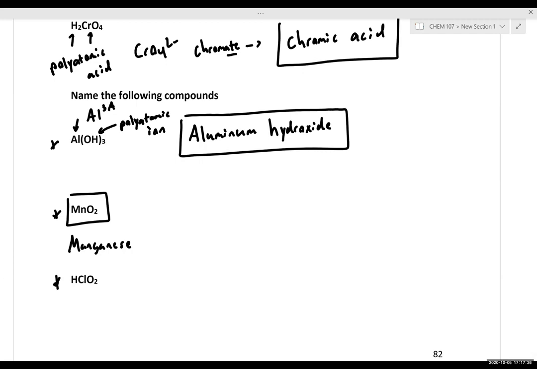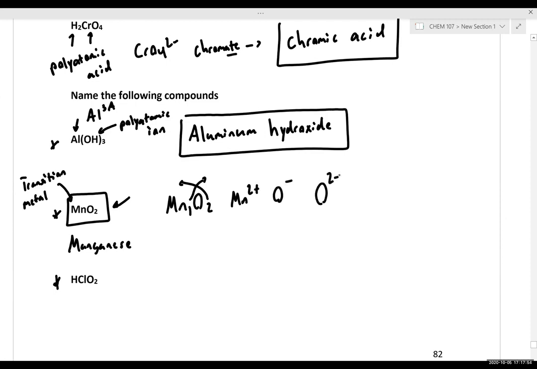Okay, continuing on, looking at MnO2. So first and foremost, manganese, Mn, is a transition metal. And as such, we need to specify the charge. So if we take a look at MnO2 and we reverse cross our charges, that gives us manganese 2 plus and O minus.